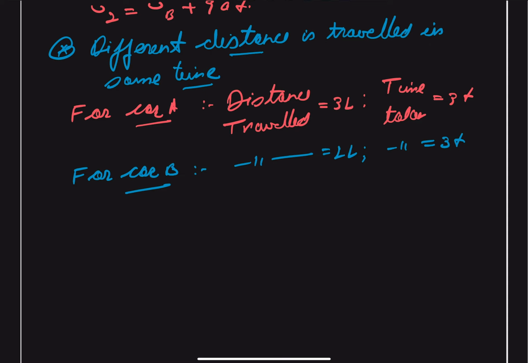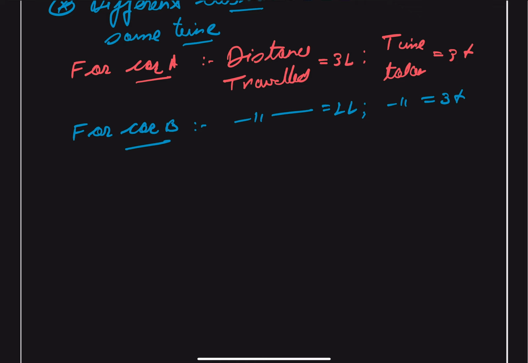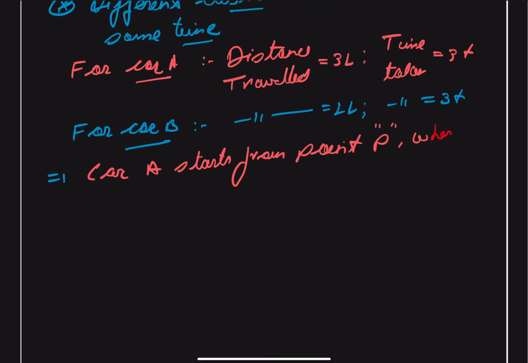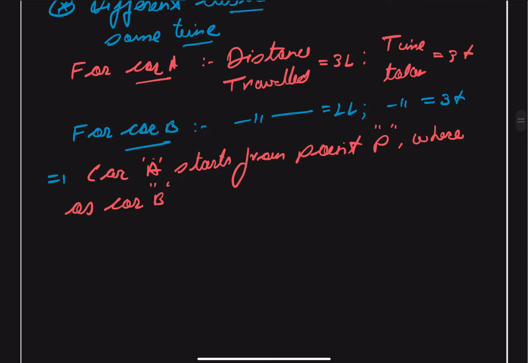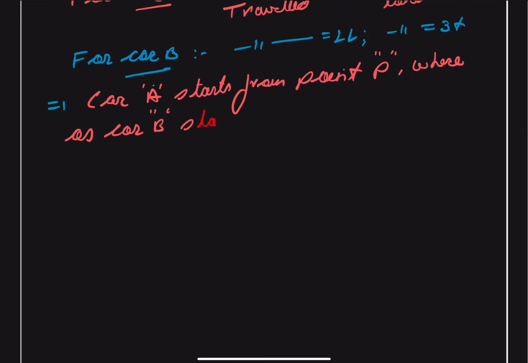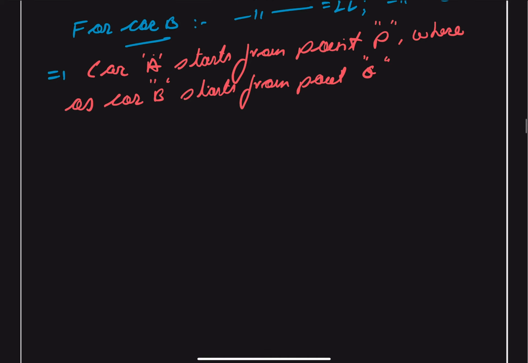From here we can draw a conclusion from the figure also, let me write it here, that car A starts from point P, whereas car B starts from point Q. But both the cars reach point S, that is the baseline, in the same time.